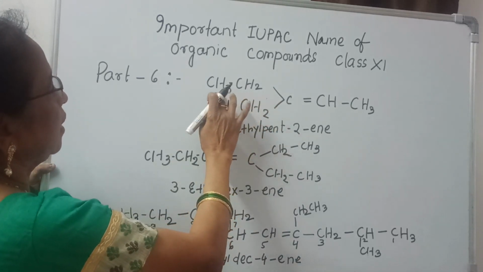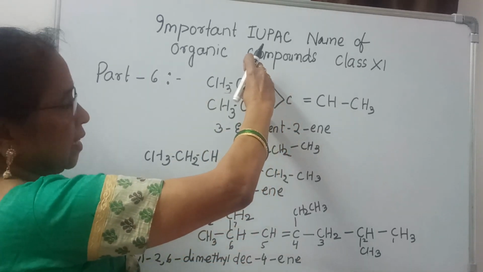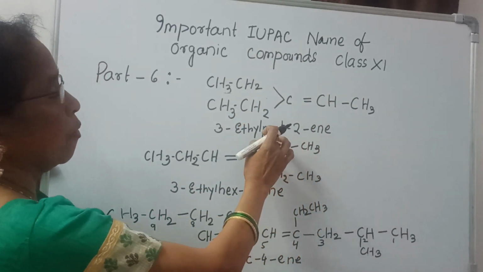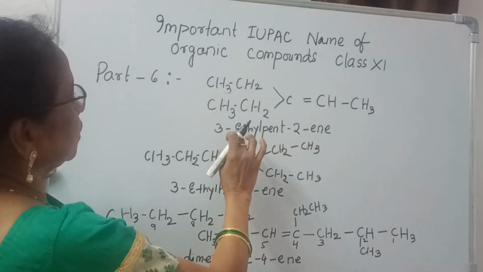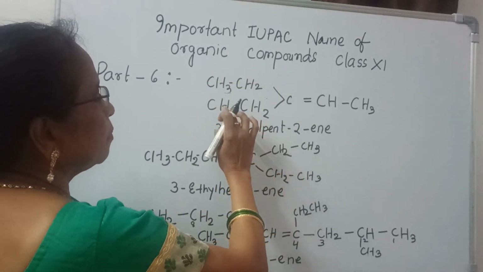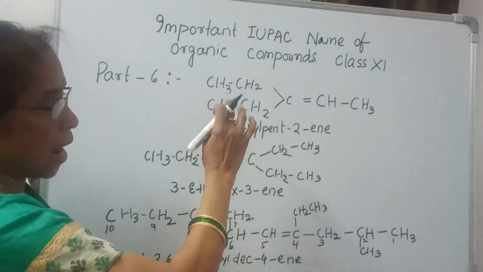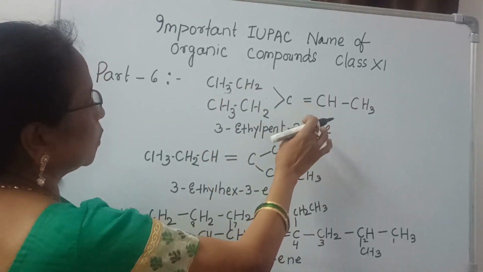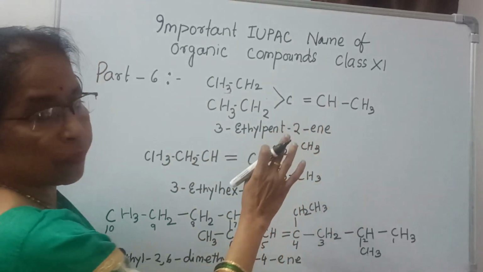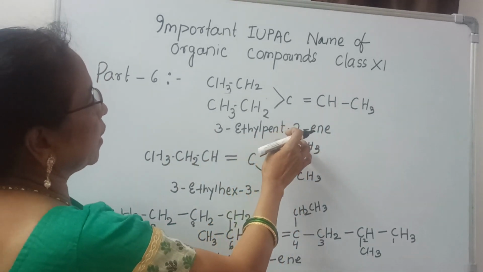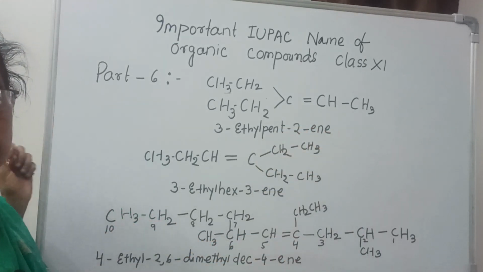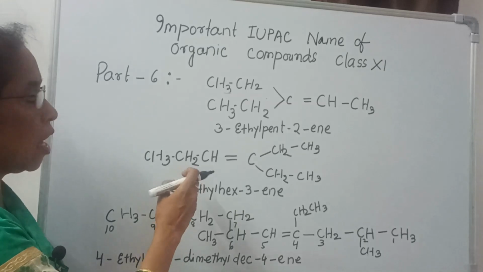If I say this is a substituent group and this is the longest chain of 5 carbons, that is why 3-ethylpent, means totally pent for 5 carbons, and after 2 there is a double bond, so pent-2-ene, and there should be a hyphen between pent and 2 and ene. Now clear?